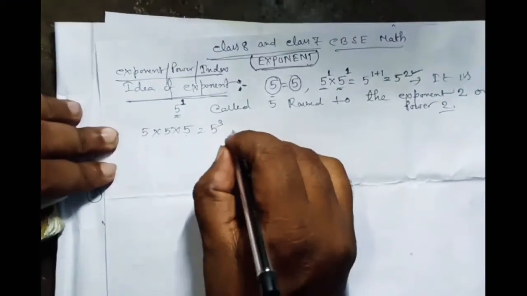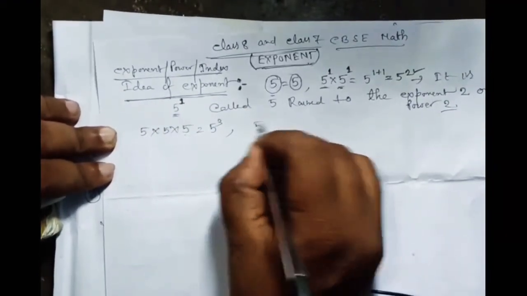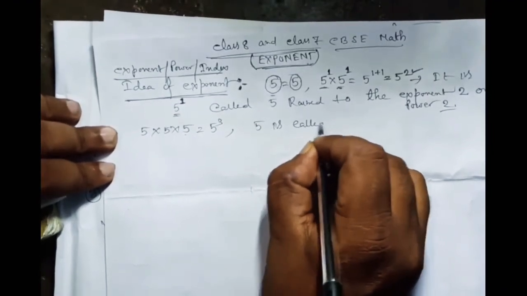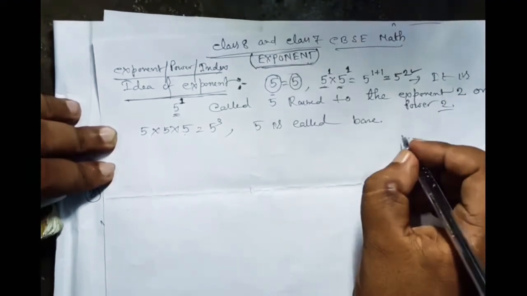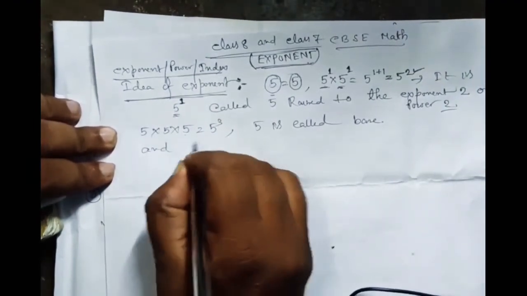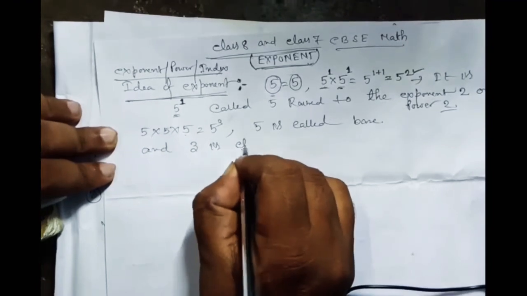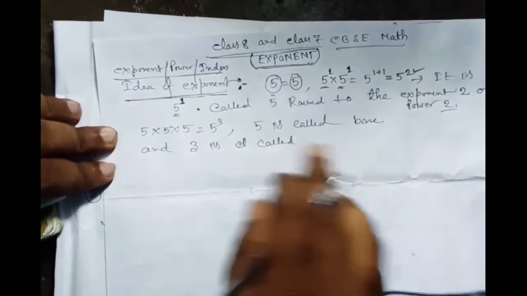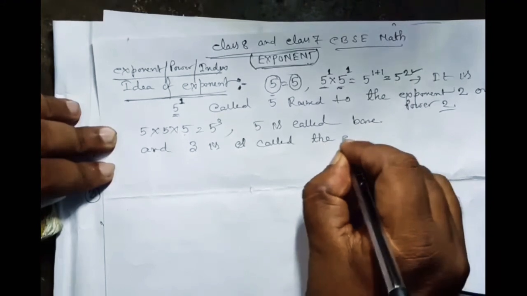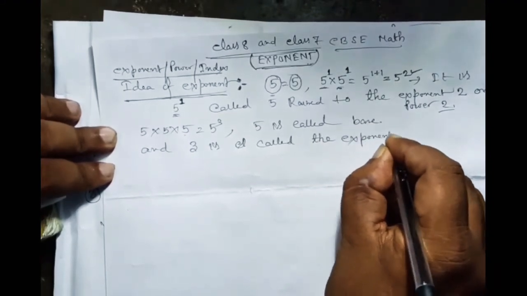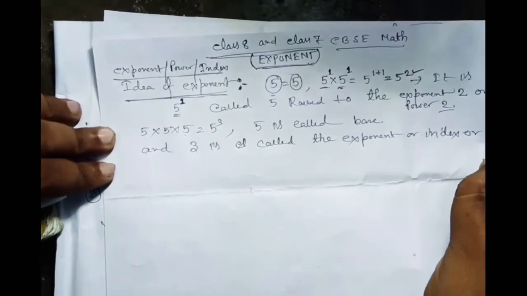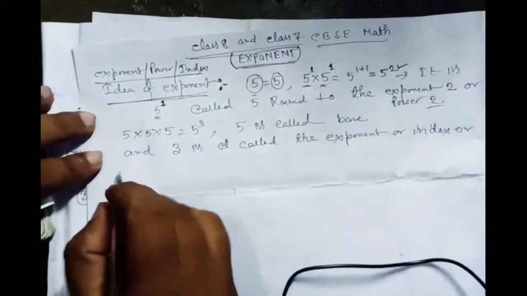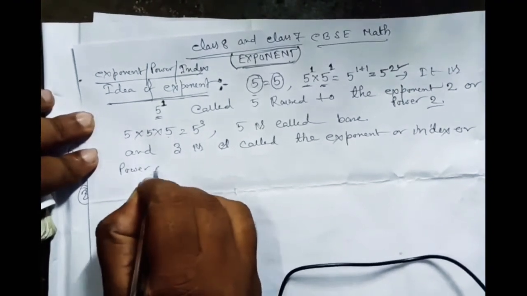Okay, so in this case 5 is called the base and 3 is called the exponent, or index, or power of 5. Understood?